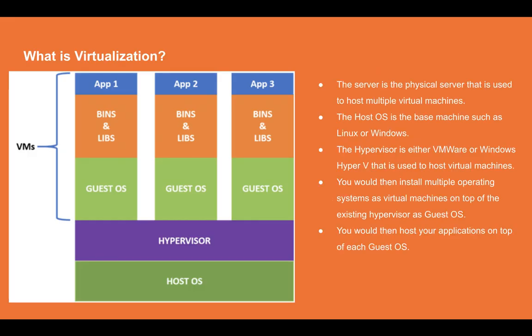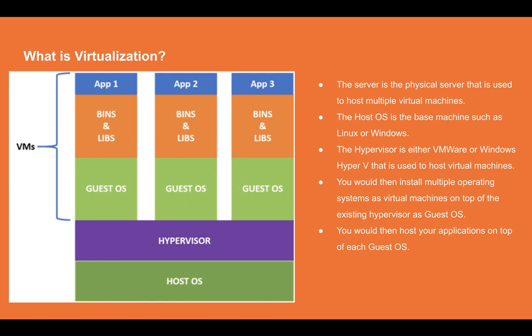So let us see what is virtualization. In this diagram, you can see we have a host operating system. On top of the host operating system, we have a hypervisor. On top of the hypervisor, we can create our virtual machines.